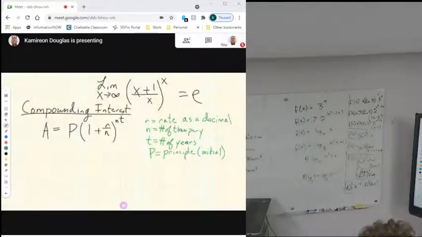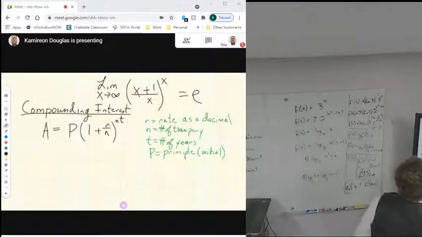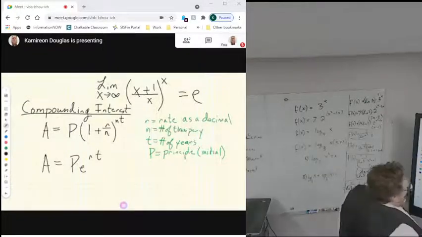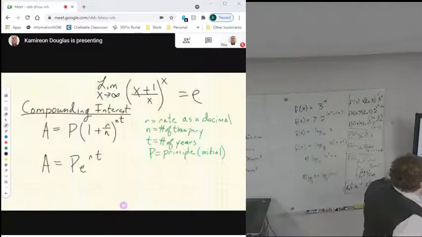Okay, back to our formula. There's one last formula up here. If it is compounded continuously, because of the previous theorem, this piece on the inside actually simplifies very nicely. It's called PERT. This is if you're compounding continuously.